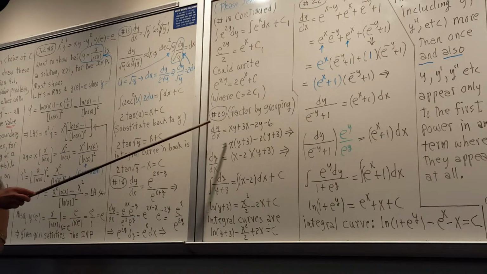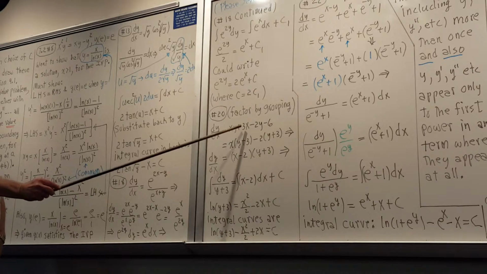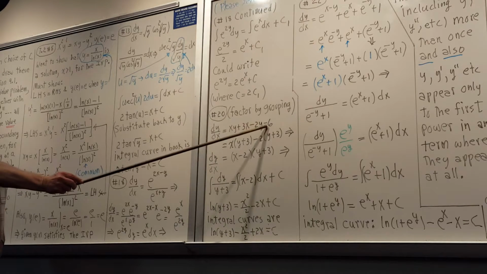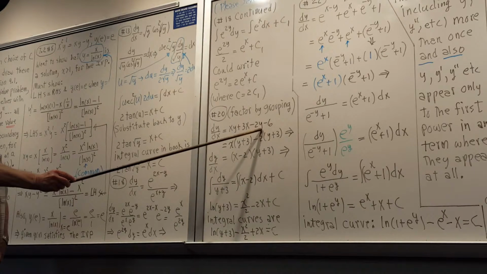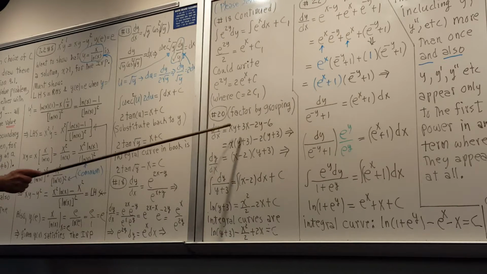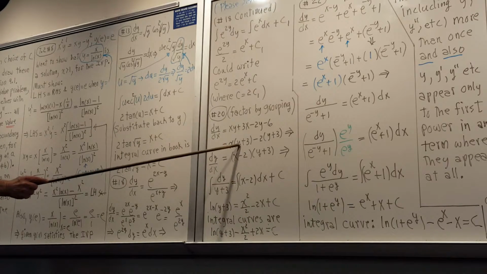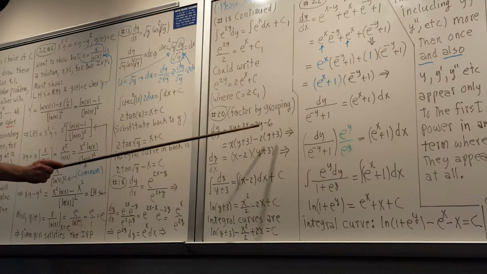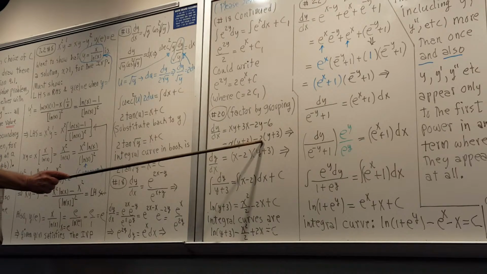20 is a factor by grouping problem. You're given this. You notice this one is linear because the y is first power where it appears. And also notice that x is a common factor in those two terms, and that minus 2 is a common factor in those two.